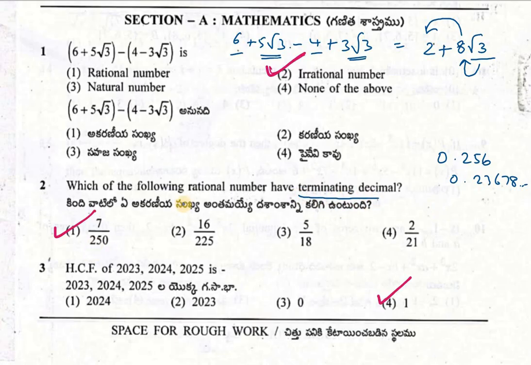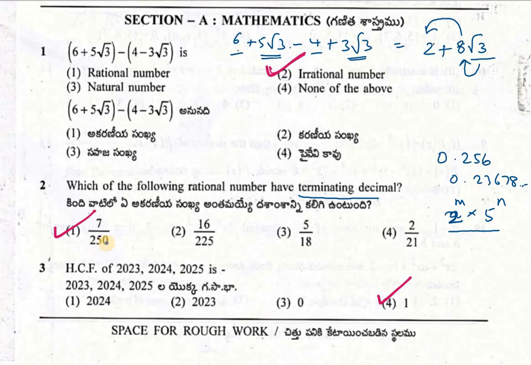So for terminating decimal, we have to see that the denominator should be of the form 2 power something multiplied by 5 power something. If the denominator is of this form, then that is a terminating decimal. Without performing division, we can do this one.